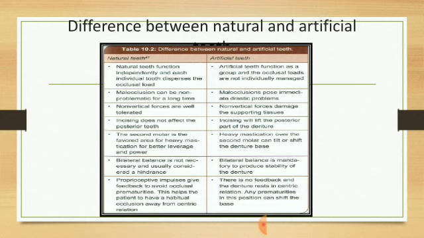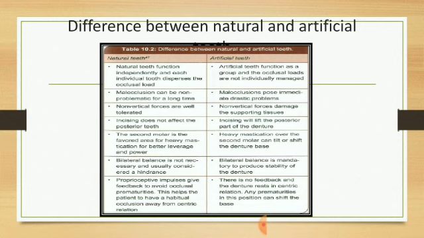Similarly, we all know that the periodontal ligament has the function of proprioception. So indirectly the natural teeth have proprioceptive impulses because of the PDL, whereas artificial teeth do not have that mechanism, because as there are no natural teeth, there is no periodontal ligament.